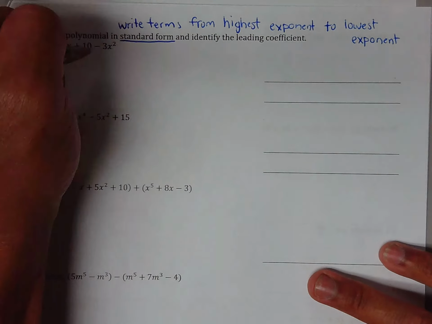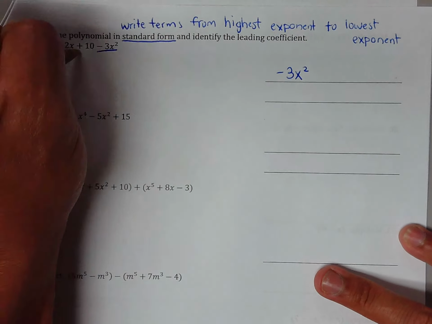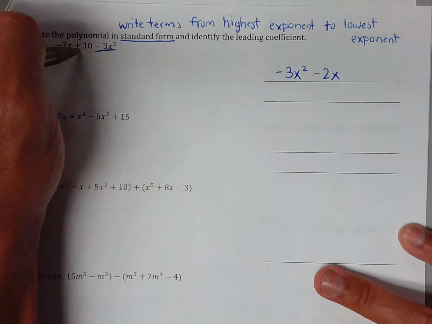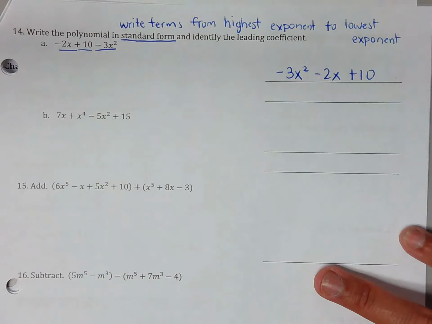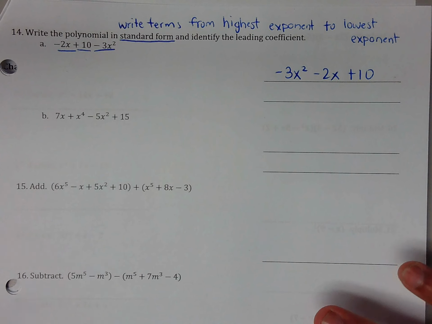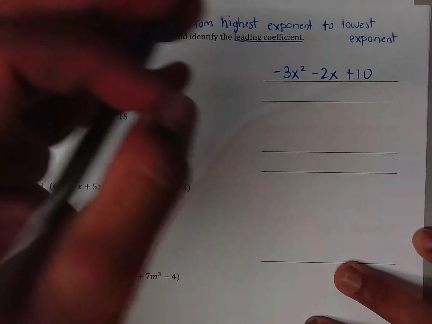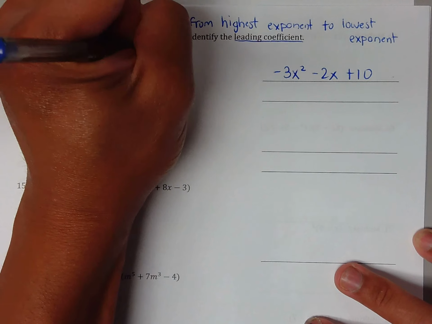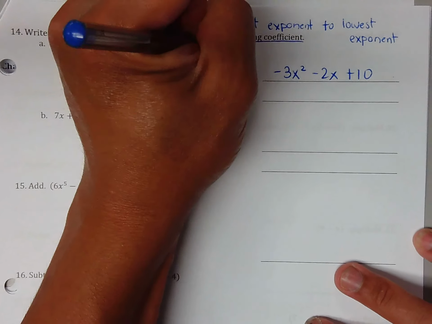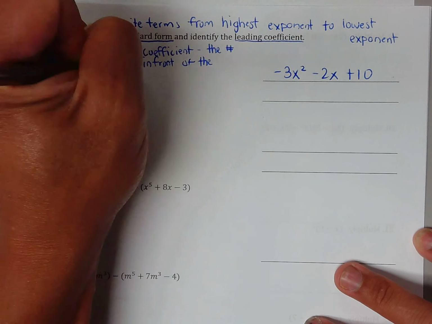So this would be our first term, negative 3x squared. This would be our second term, negative 2x or minus 2x. And then plus 10 finally. I don't know why my camera keeps on going out of focus. All right, next it says to identify the leading coefficient. If you remember, coefficient just means the number in front of the variable.